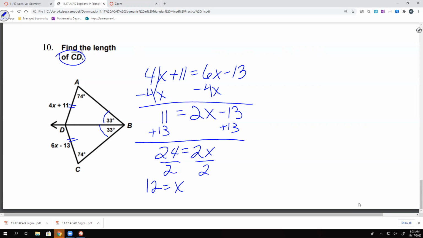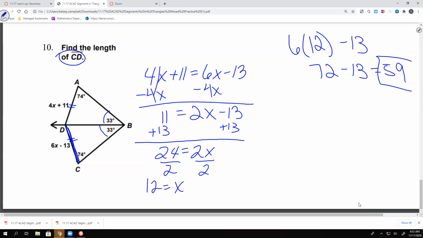Yeah, CD. So we need this length right there. So what do we have to do? Plug it in. 6 times 12 minus 13. So what's 6 times 12? 72 minus 13. So 72 minus 10 is 62. Take away 3, 59, right? Yep. So there you go.